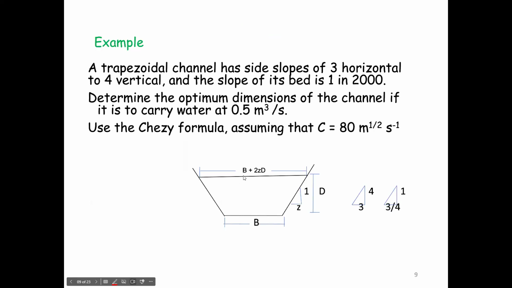And next one. This is a trapezoidal channel. You have the side slope of 3 to 4 vertical, 3 horizontal, 4 vertical. A slope is given to you here. What is this number?